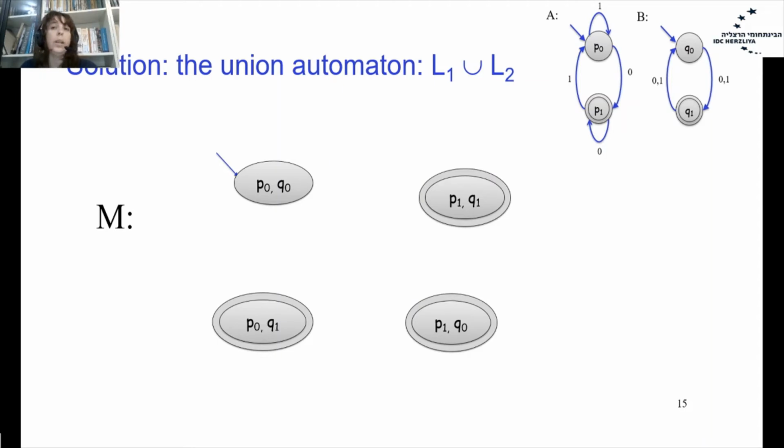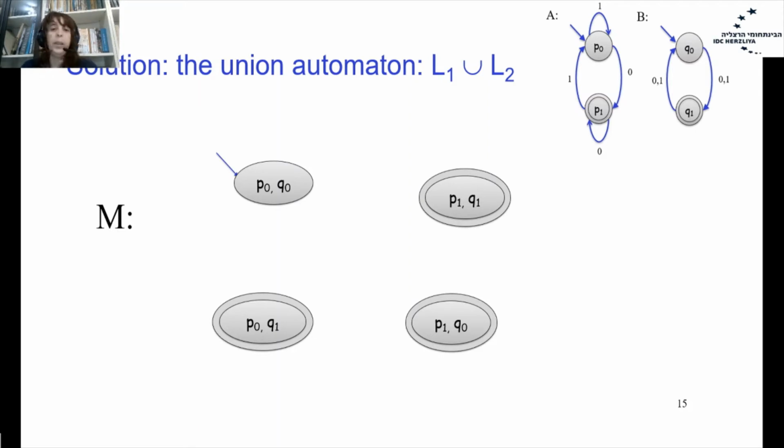So now let's define our deterministic finite automaton. For each state, which is currently a tuple of states, we will have to define what we do for input letter 0 and what we do for input letter 1.